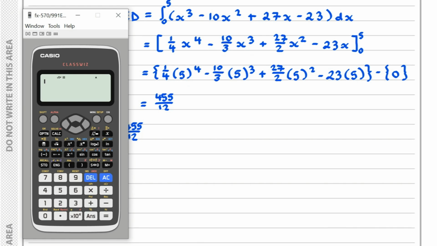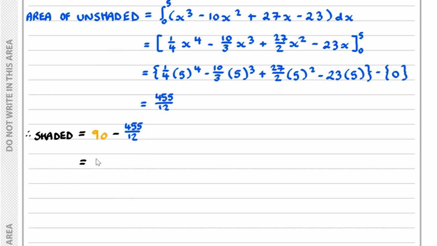And if we work this out, we have 90 minus 455 over 12, which is 625 over 12 units squared.